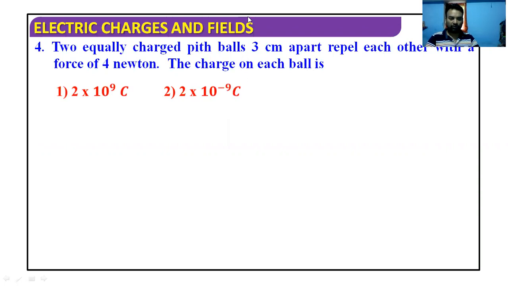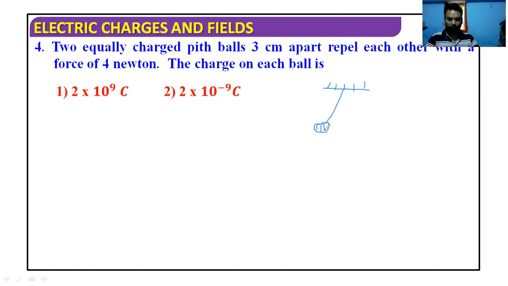So let me take any ball, and suppose I make this diagram so that you can understand. Here we have a thread and the ball is there. And this ball is wrapped with silver foil paper.